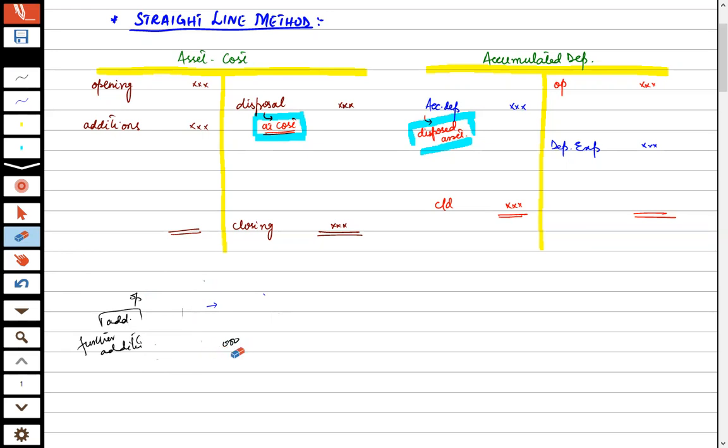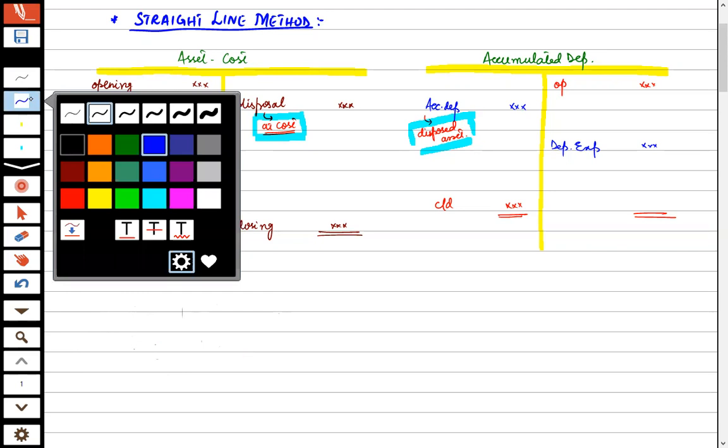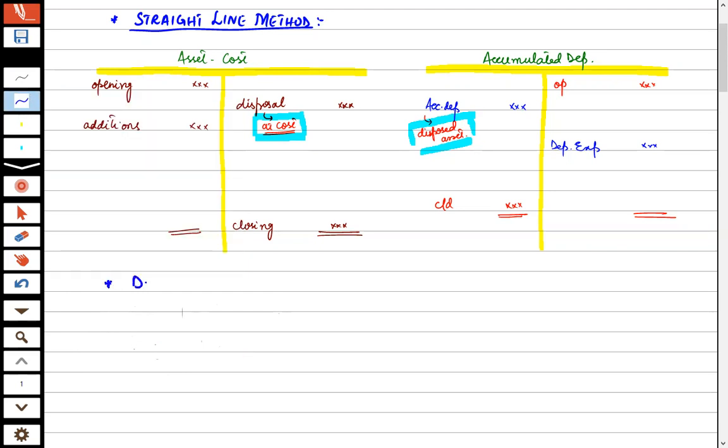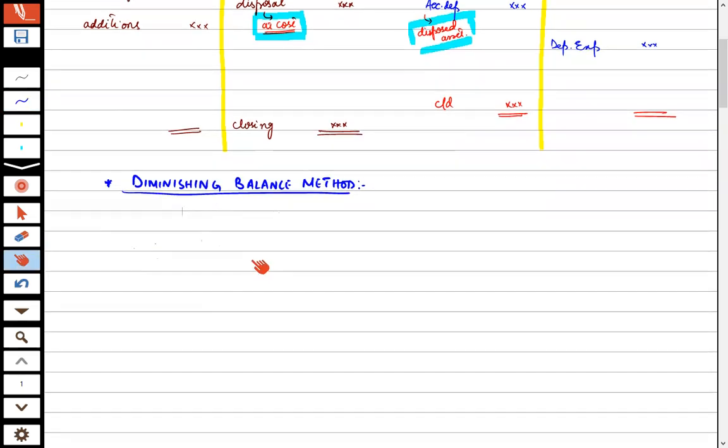Now I am rubbing this and we will move towards the diminishing balance method. In the diminishing balance method, we have to make only one T account, because here the values are represented at book value or WDV.